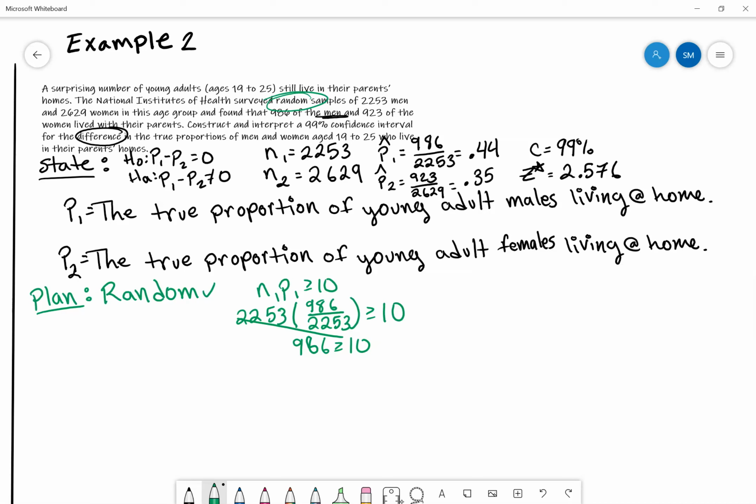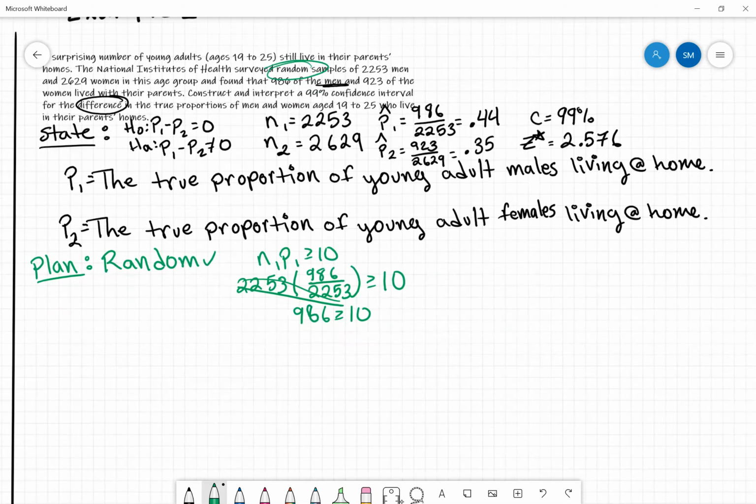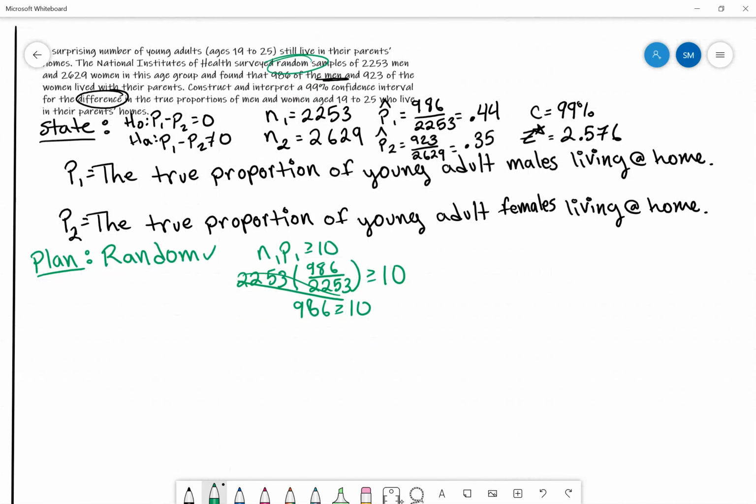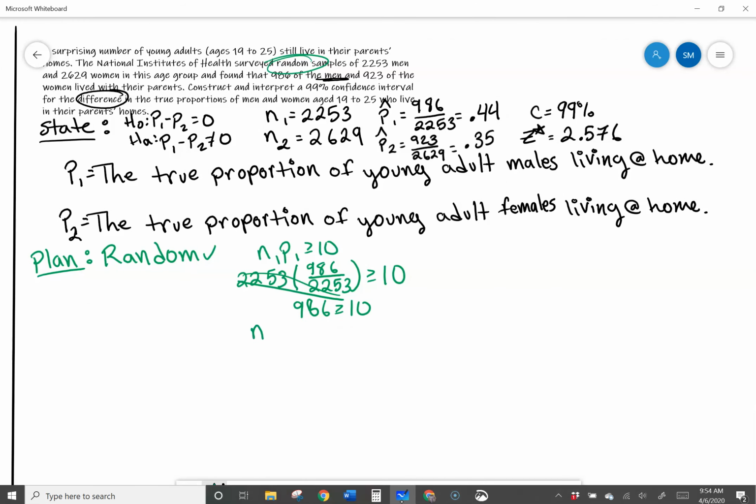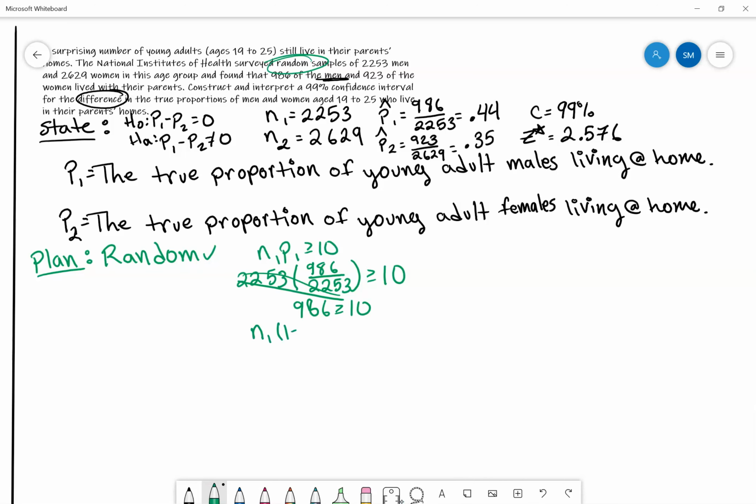The reason why I always like to use the fraction in this section is because whenever you multiply a number by the denominator, the answer is just your numerator, so it's really easy, quick math. Then we have to do the other condition for the first set of data: 2,253 times 1 minus, and I'm going to put that decimal back in here, greater than or equal to 10.